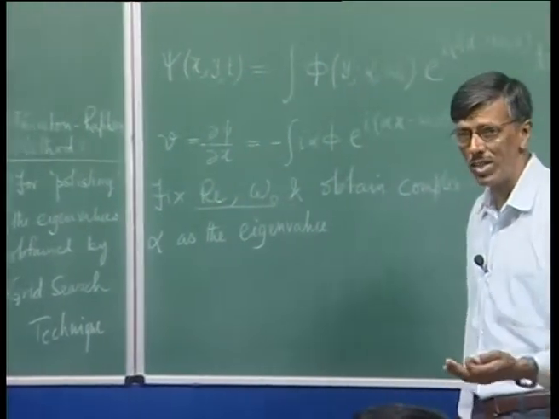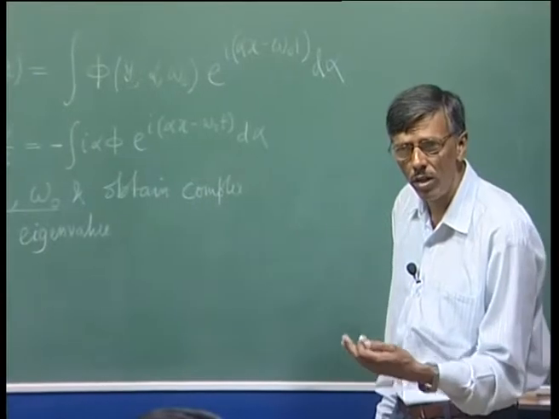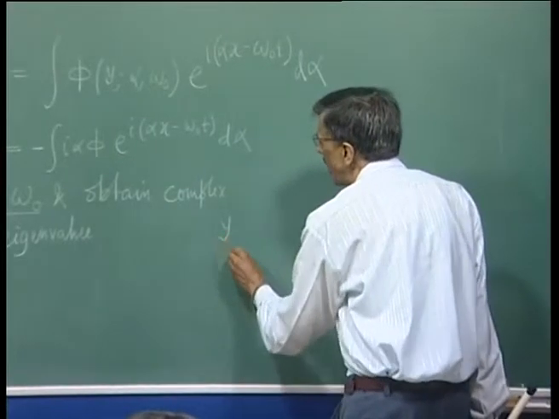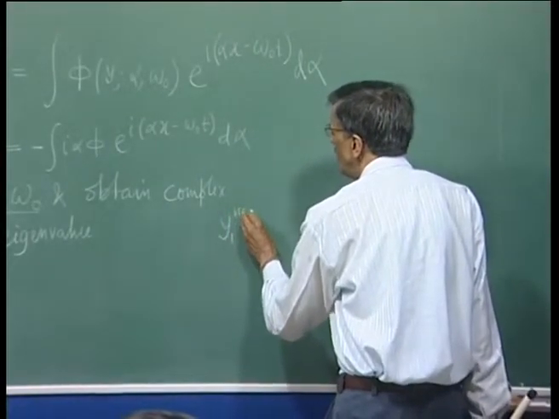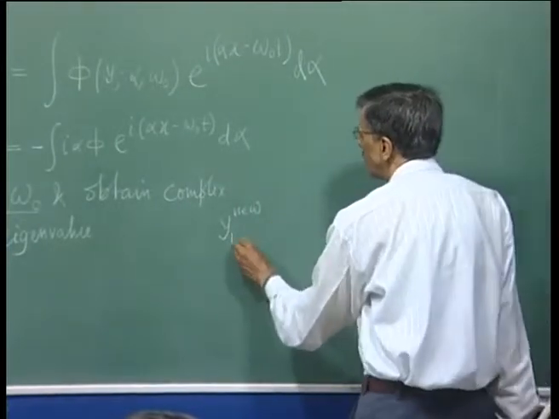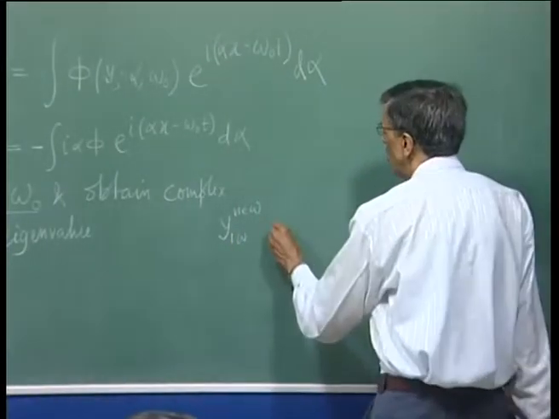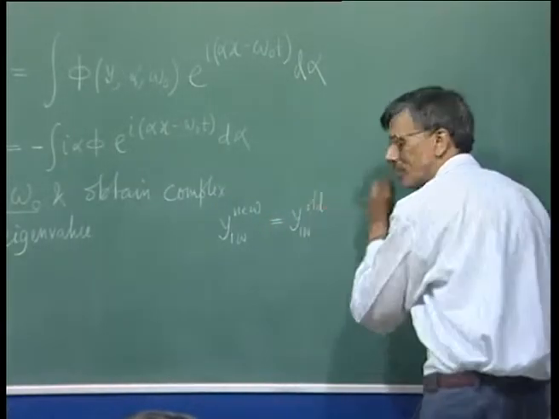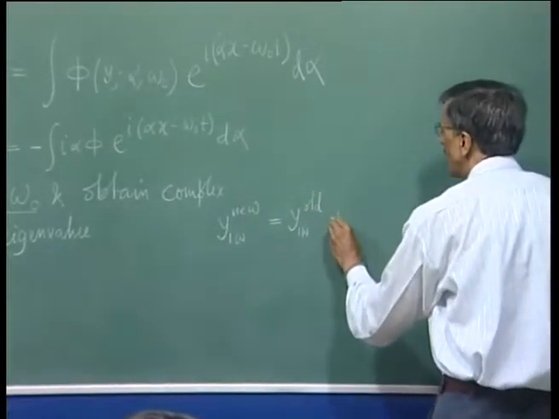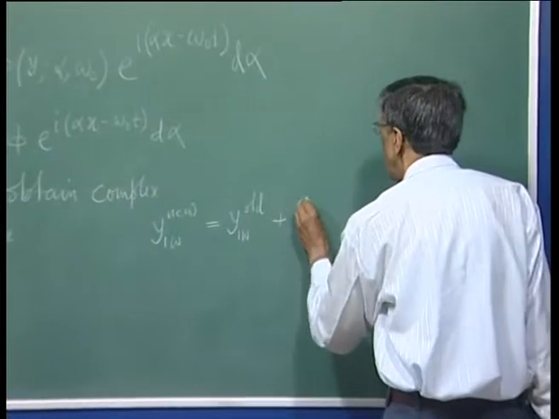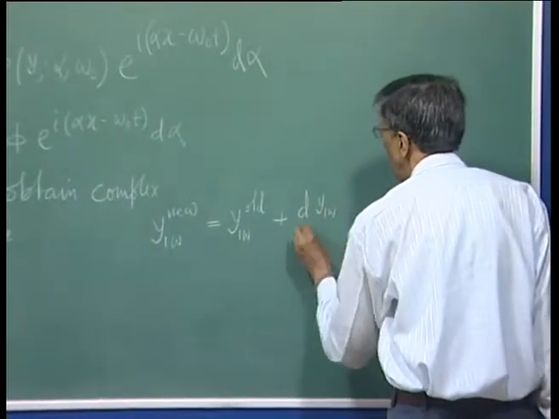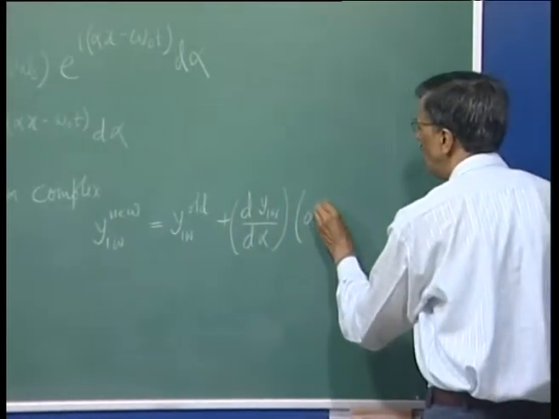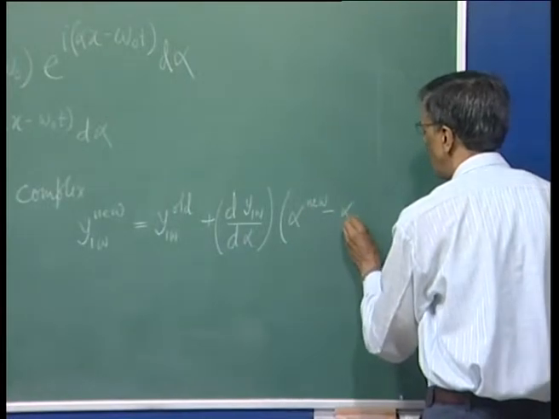Once we do that, we see that it is not satisfied, and then we want to find out y 1, which I will call the new value, at the wall. So, y 1 at the wall, what we obtained as this, plus I could obtain d y 1 wall by d alpha into (alpha new minus alpha old).